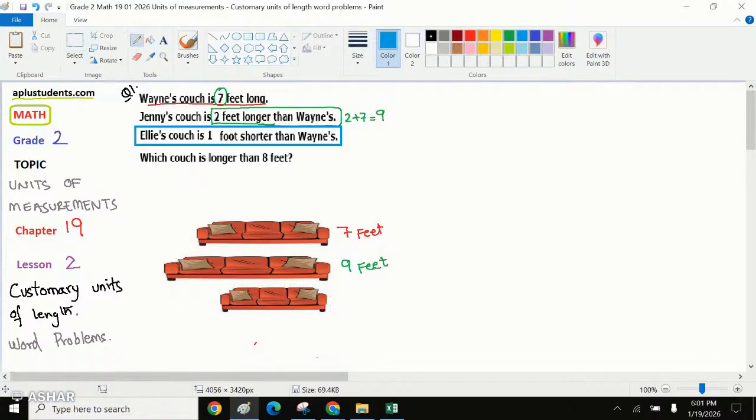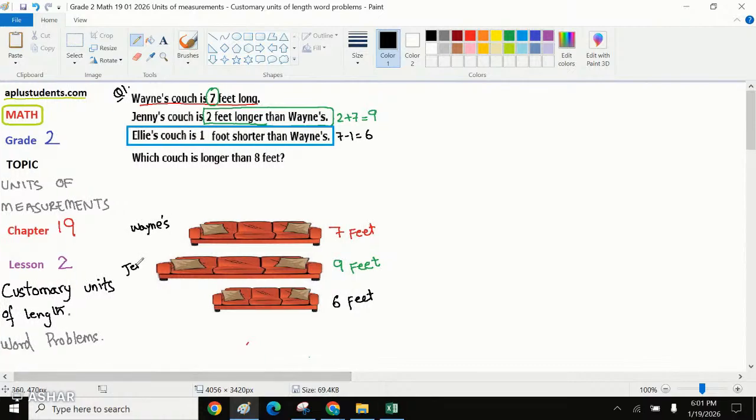So it should be 7 minus 1, that should be 6 feet. Agreed? This was Wayne's, this was Jenny's, and this was Ellie's, right?